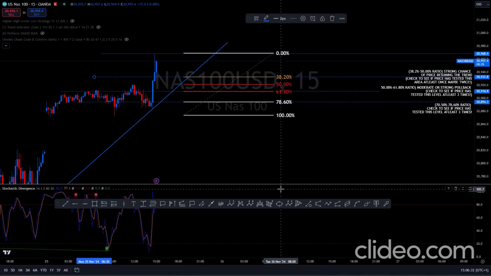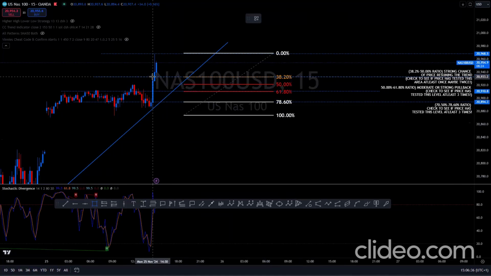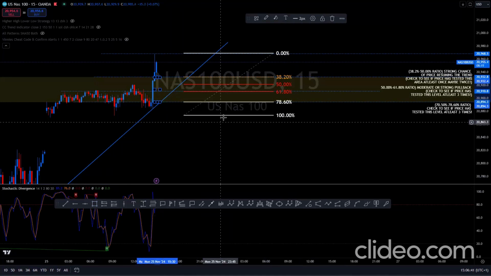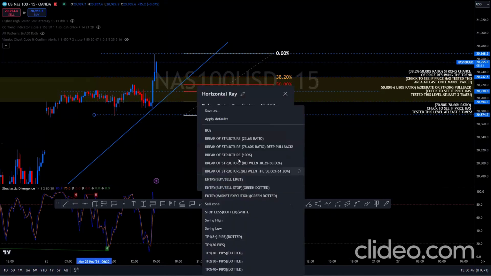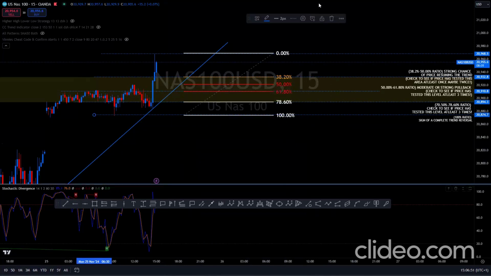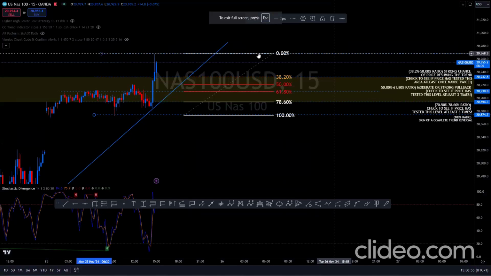So now what we're going to do is we're going to mark up our zone in this area. Nice mark up right now. So now we marked up our key areas.